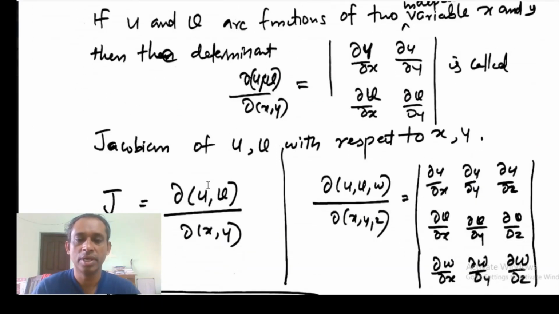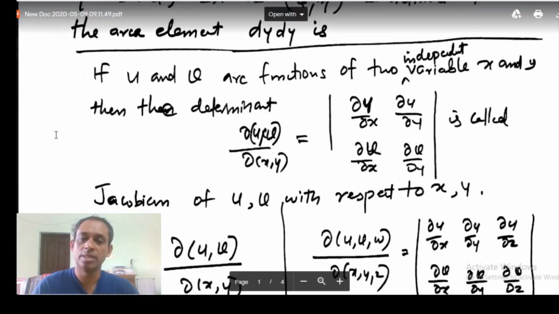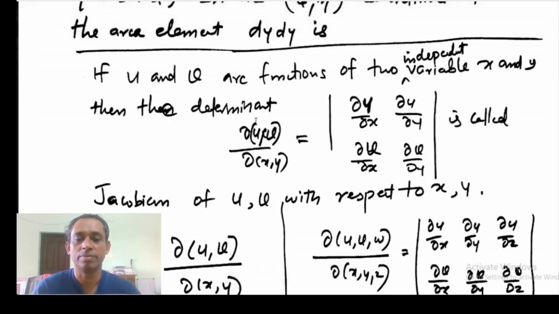So here we are using the idea of Jacobian. Suppose we have two functions u and v, which are two independent functions of two independent variables x and y. Then ∂(u,v)/∂(x,y) is called the Jacobian.